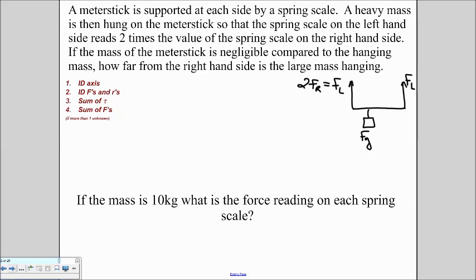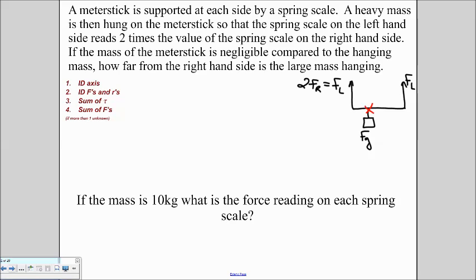Now let's start going through our steps. Our first step is to identify the axis of rotation. They didn't give one to you. It's not actually rotating, but that means that you get to pick your axis of rotation. I'm going to pick the location of the mass. You're always going to want to pick the location of one of the forces.